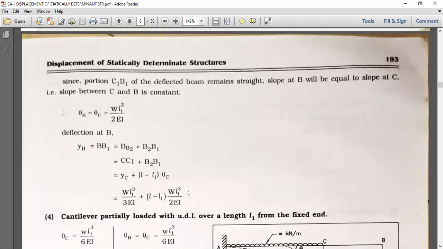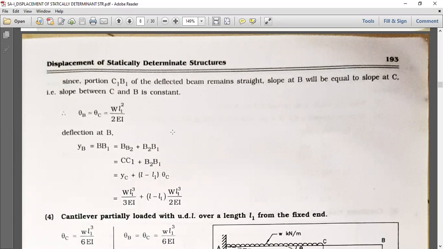Since portion C1B1 of the deflected beam remains straight, slope at B will be equal to slope at C. So slope between C and B is constant. Theta B is equal to theta C is equal to WL1 square divided by 2EI.